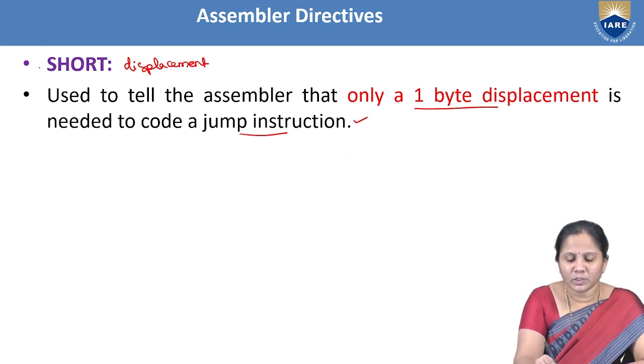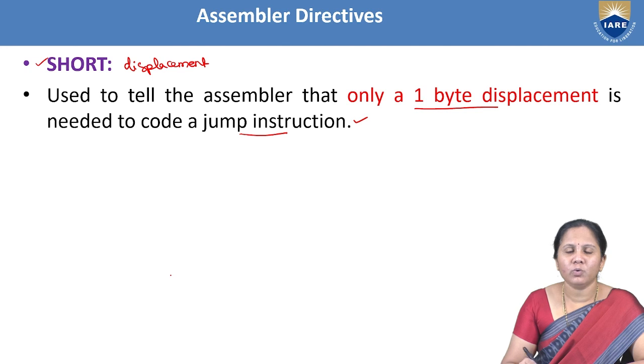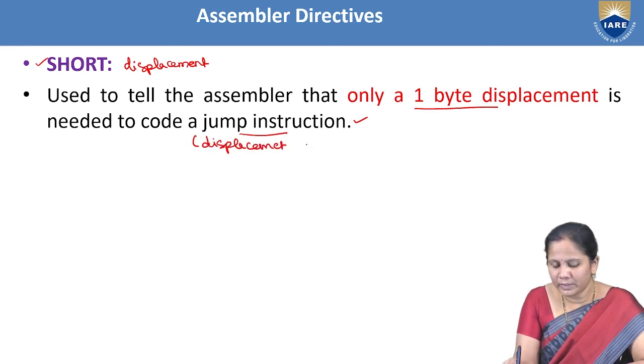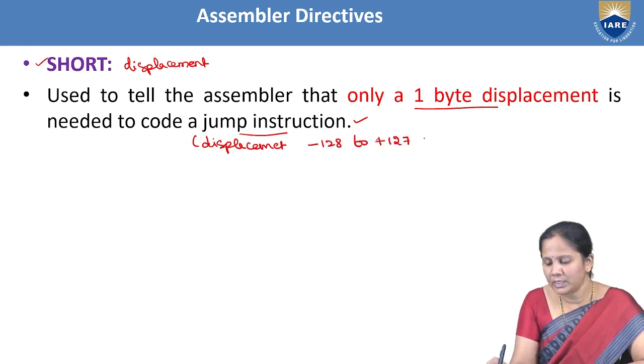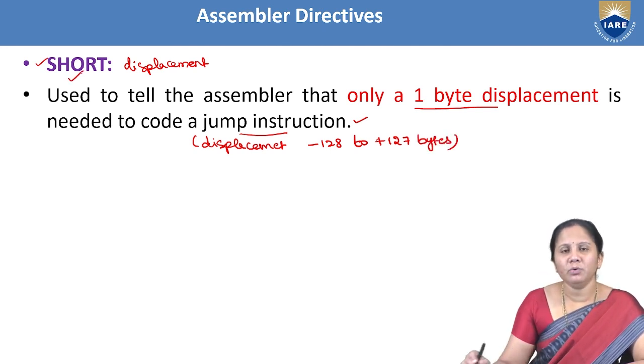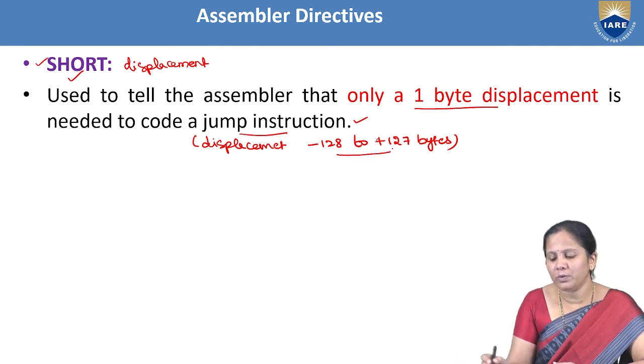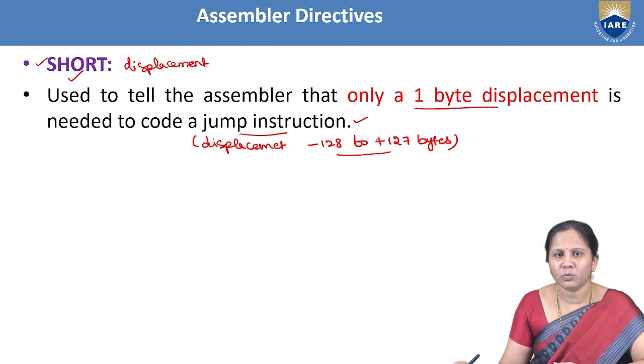So when this short instruction is executed, it tells the assembler the jumping should be performed within the displacement range of minus 128 to plus 127 bytes only. So the short assembler directive is mainly going to say the value of a displacement, and the jump should be in the range between minus 128 to plus 127 bytes only.